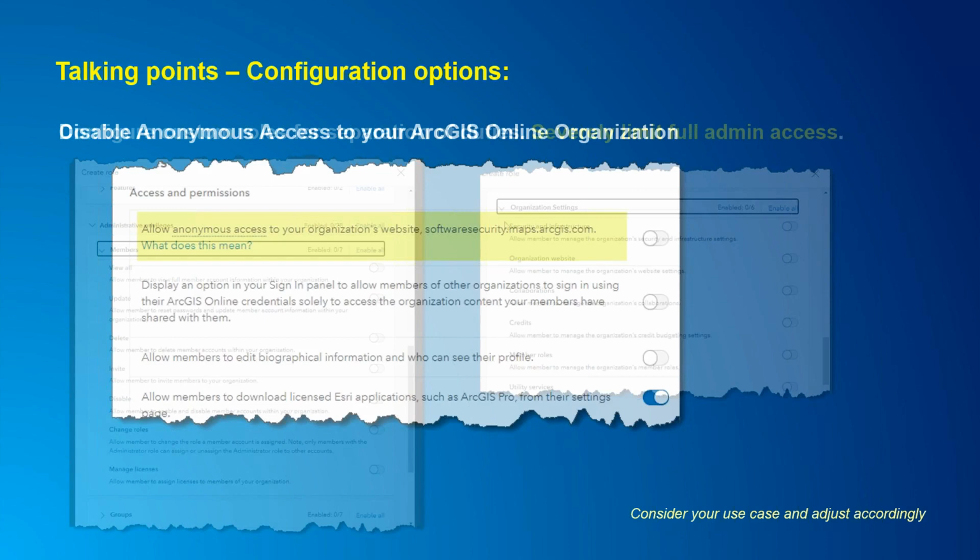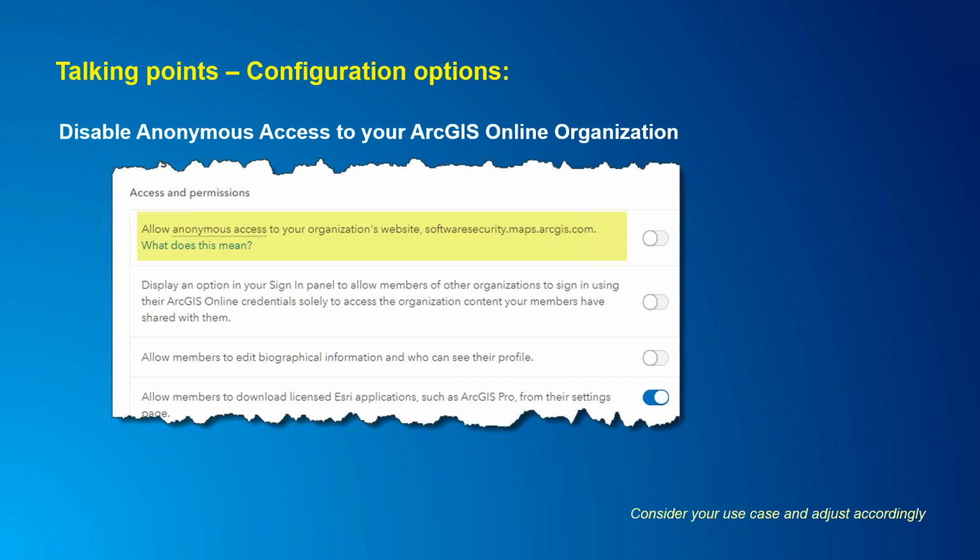Finally, and again, we're talking in the context of organizations that are looking more towards working with content that doesn't necessarily need to be public, or where there are privacy and security considerations here. Consider disabling anonymous access to your organization's website, and then instead granting anonymous access on a per item basis.